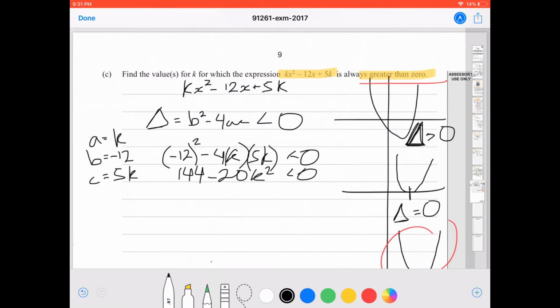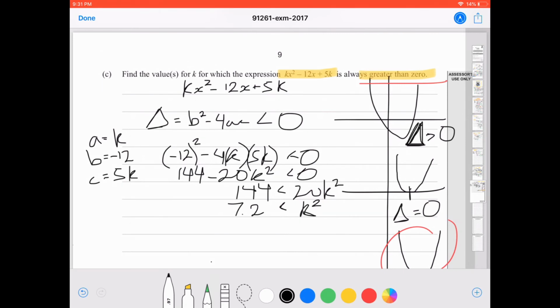So this is similar to the question before. Solving for k this time, we can say 144 is less than 20k squared. Let's divide by 20 on both sides. So 144 over 20 is 36 over 5, which is 7.2, is less than k squared.